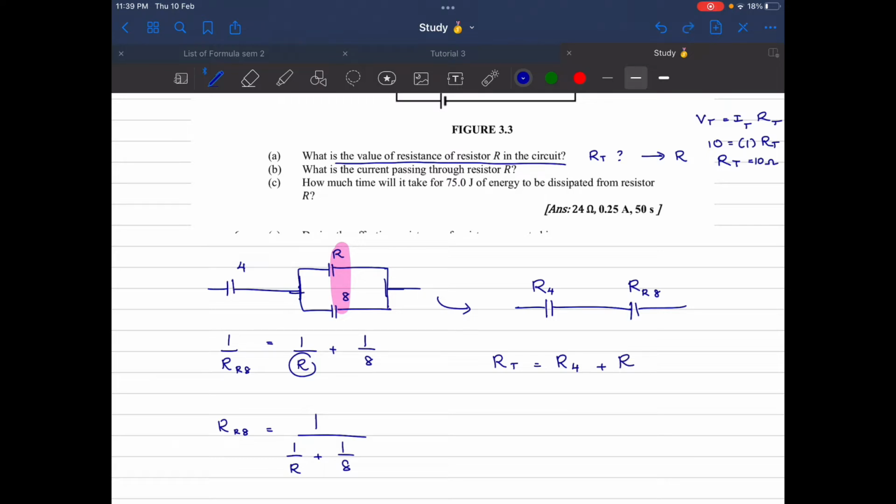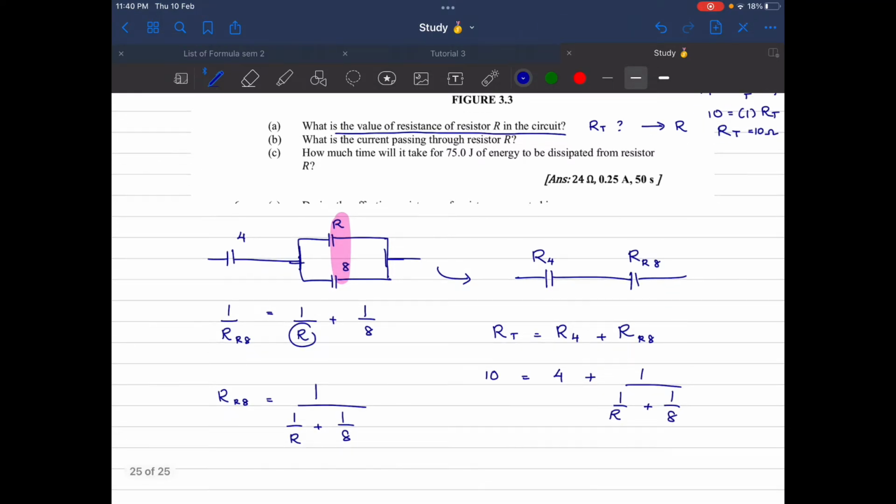Miss dah gabungkan yang R8 tu, these two jadi sekali je. So, ni dah jadi series lah. So, this one, I know this one is 10, 4 plus 1 over R plus 1 over 8. Okay, so I need you to press the calculator. I think you should get your R to be 24 ohm. Okay, so that is how you do it.